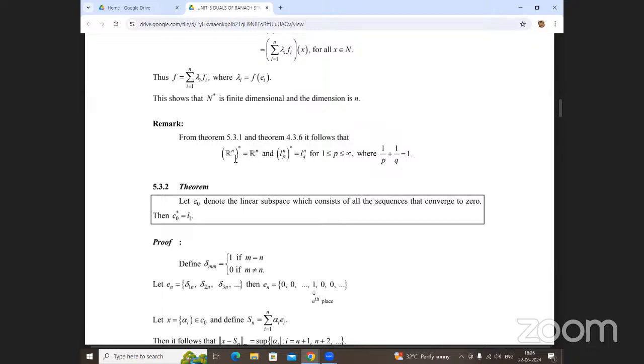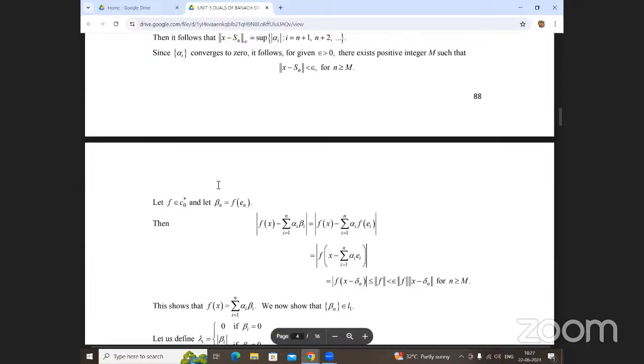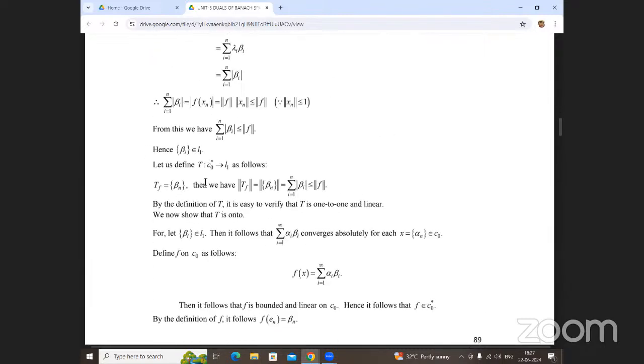And the dual of the n-tuples of real numbers is n-tuples of real numbers. What is the dual of l^p? The n-tuples of the linear space, l^p, where p lies between 1 and infinity. So the dual of the n-tuples of the linear space, when the Hölder condition holds, 1/p plus 1/q equals 1. So theorem 5.3.2 is also repeated a number of times, 5.3.1, 5.3.2.